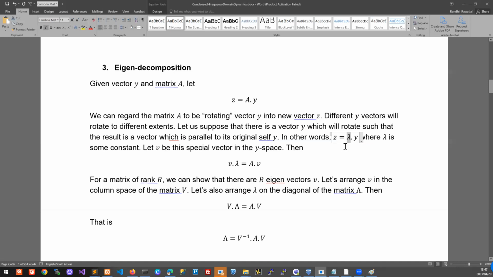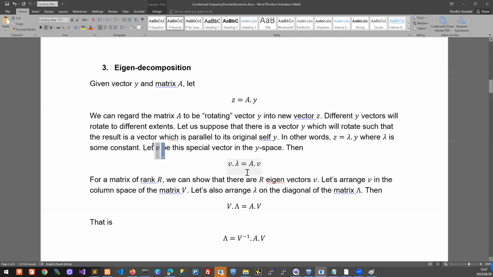So lambda is a certain fixed value, and that's the eigenvalue that corresponds to these special eigenvectors. Let's call these special vectors V. y is general; y can be any vector. Let's let V be the special eigenvector.